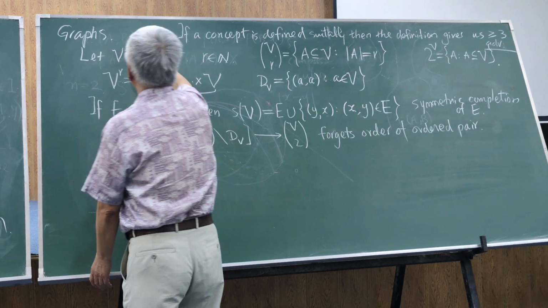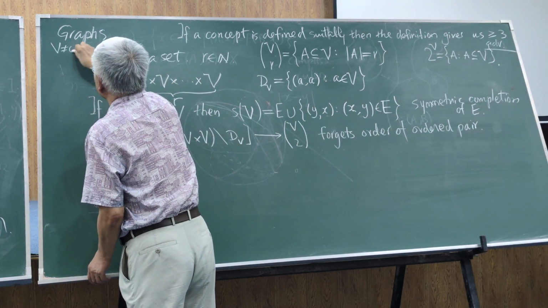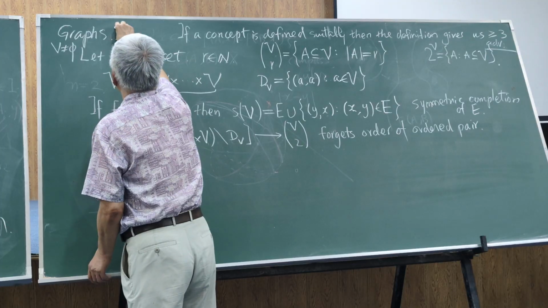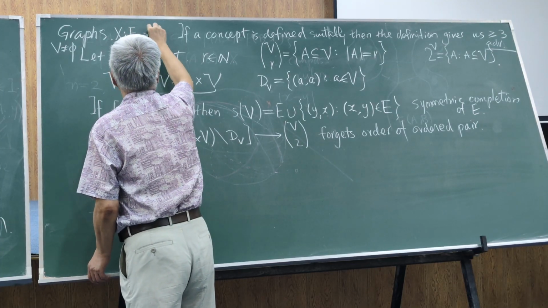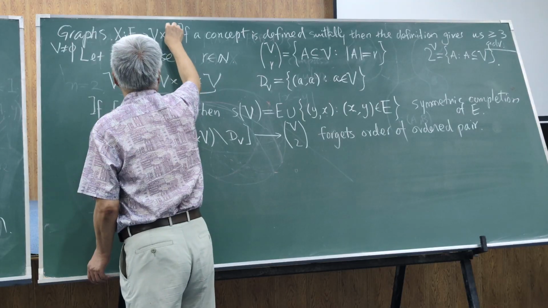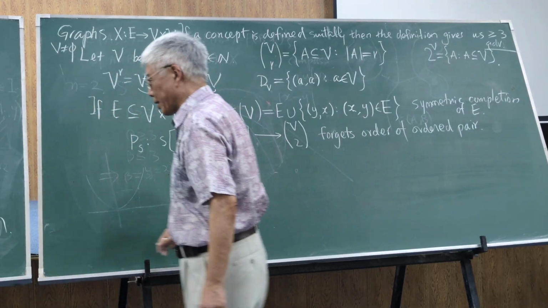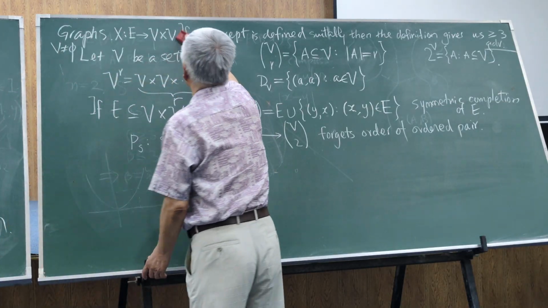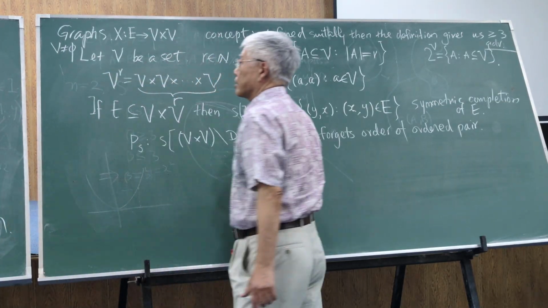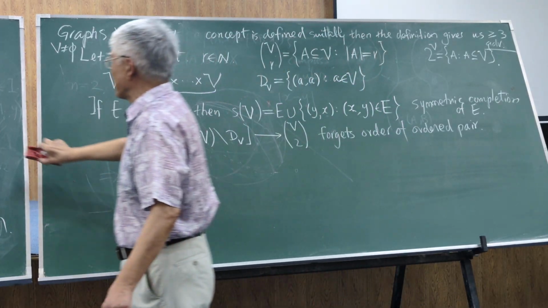V is non-negative, X, E to V cross V. That is our definition, at least for directed graphs. Finite or infinite, doesn't matter. It must give us 3 major advantages. I'm going to demonstrate that now.